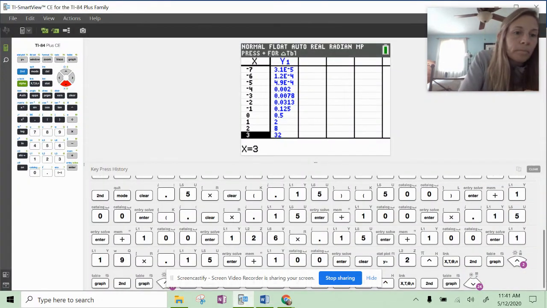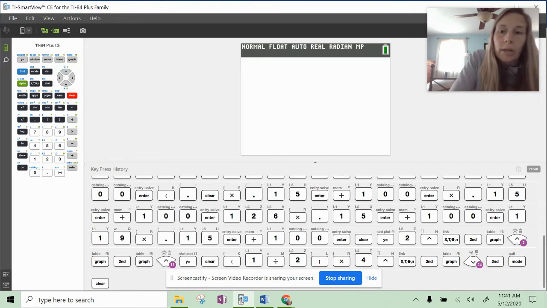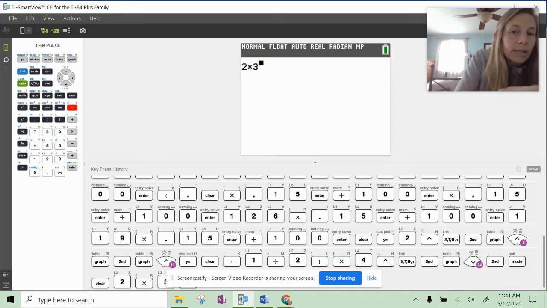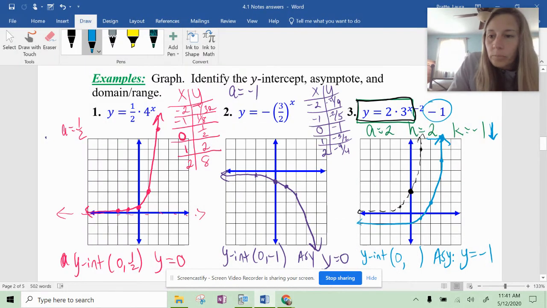So if I was going to do that, I would have to put in 2 times 3 raised to 0 minus 2, so it would just be negative 2. And then, let's see, was that a minus 1? And then hit equals, and I'll get that number there, negative 0.7 repeating, which kind of looks like that's where it could be.